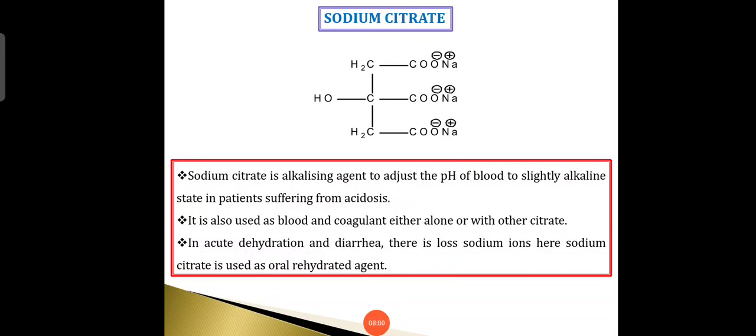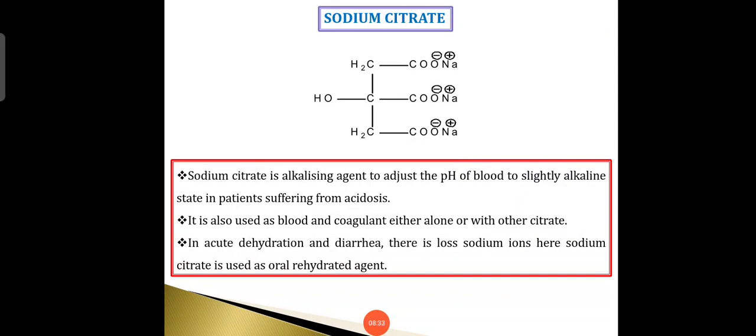So this sodium citrate reagent is an alkalizing agent to adjust the pH of blood to a slightly alkaline state in the patients suffering from acidosis. So this acidosis is caused by kidney diseases.